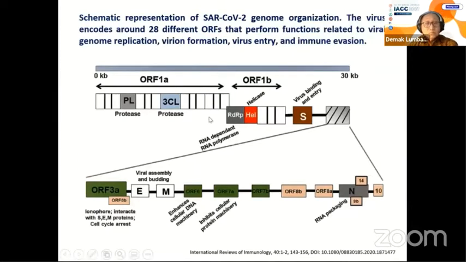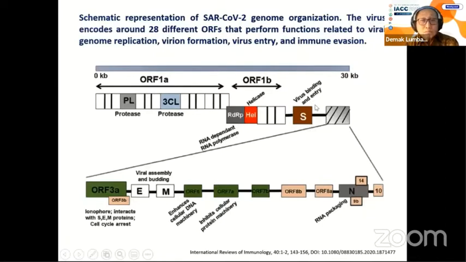You can see here the structure. There is the open reading frame 1A with some regions for the protease production. There is ORF1B with the helicase and the RNA-dependent RNA polymerase.